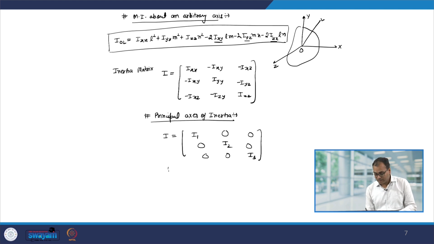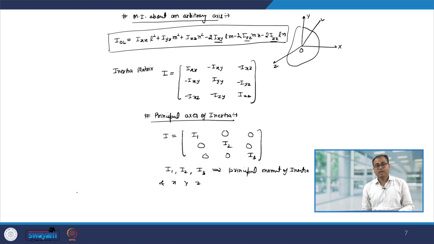Here I1, I2 and I3 are called the principal moments of inertia, and the x, y and z axes for which all the products of inertia vanish are called the principal axes.